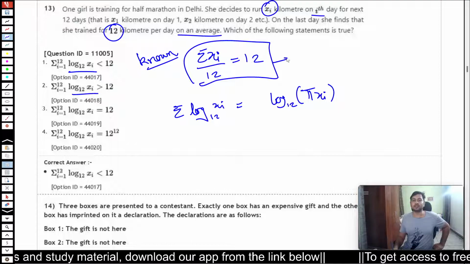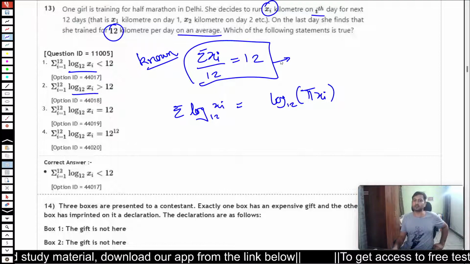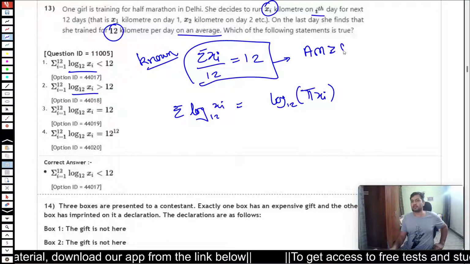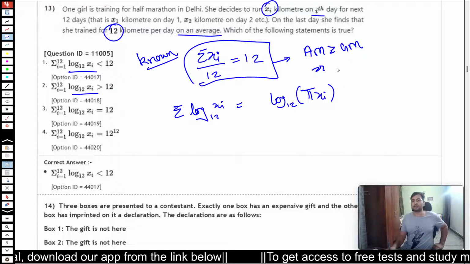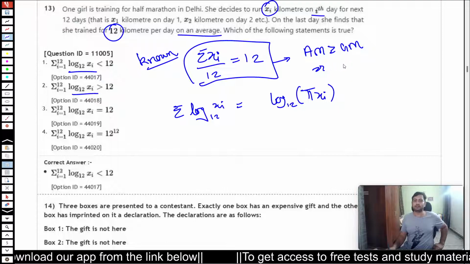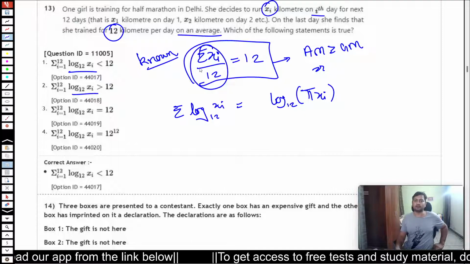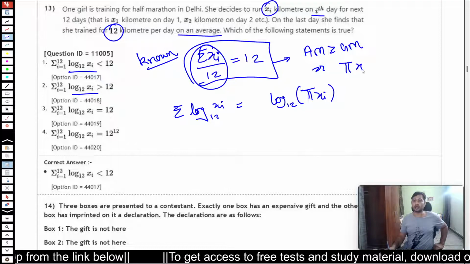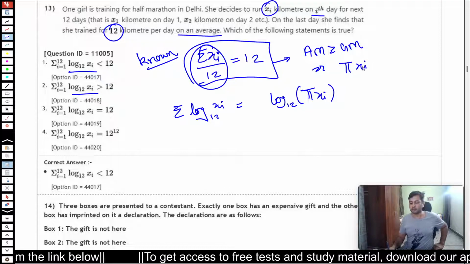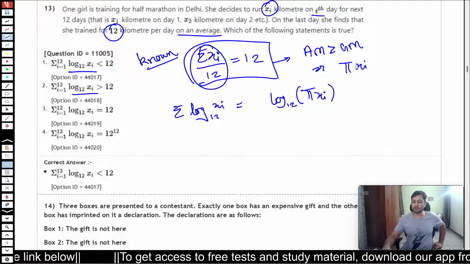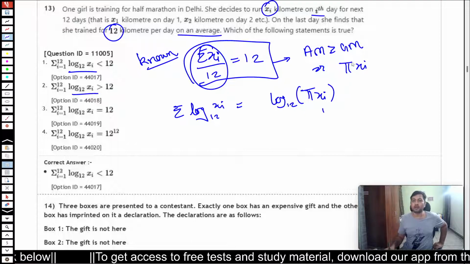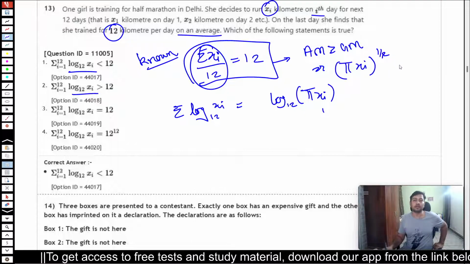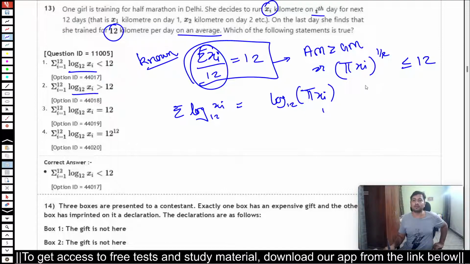From this I know that the summation x_i by 12 is equal to 12, and I know that the arithmetic mean is greater than or equal to the geometric mean. So this is the arithmetic mean, which is 12. So the geometric mean of the x_i values, that is pi x_i to the power 1 by 12, should be less than or equal to 12.